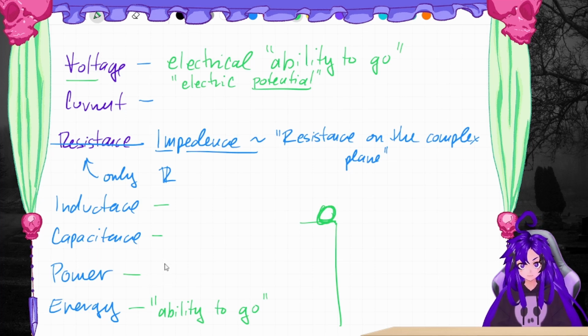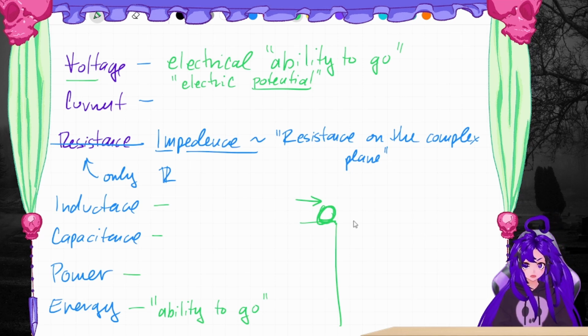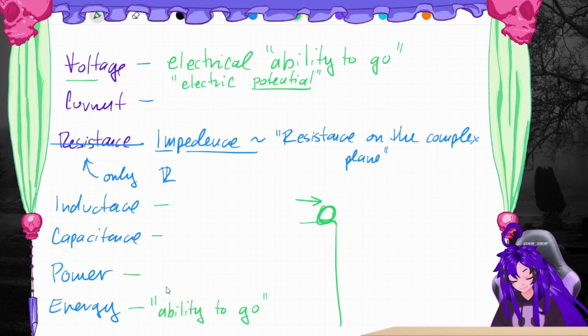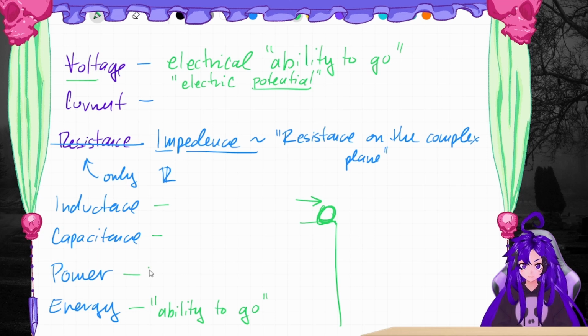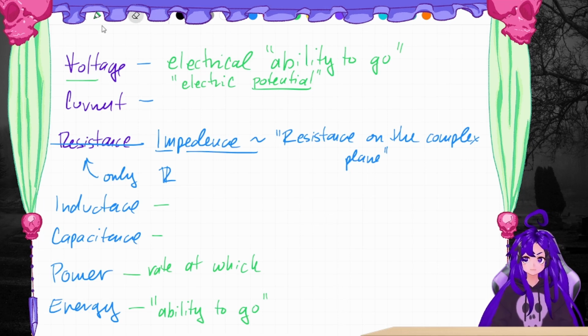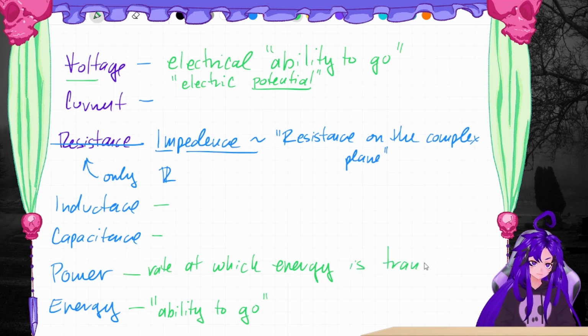So this is how much energy you either need to put into the ball to make it go, or how much energy the ball can put into something else while it is going. So, the rate at which energy is transferred.